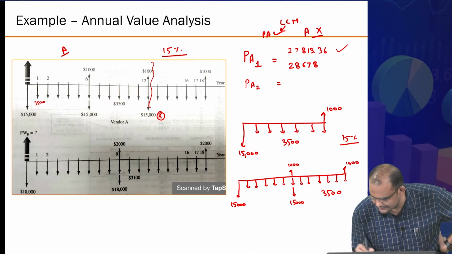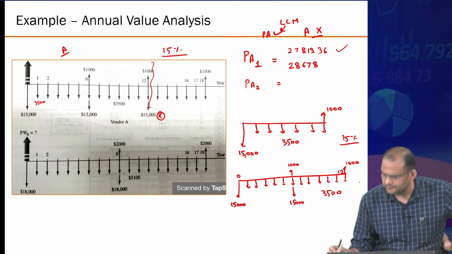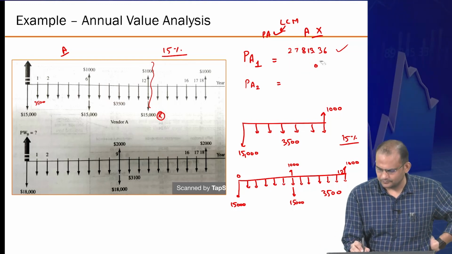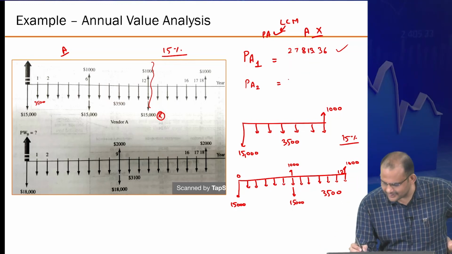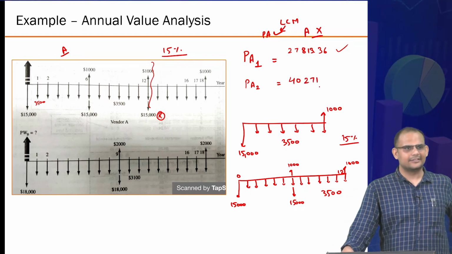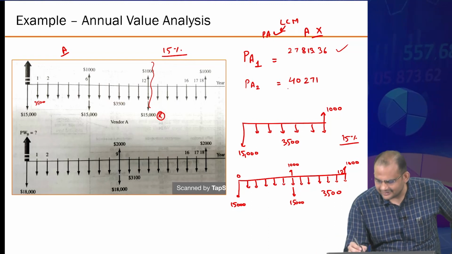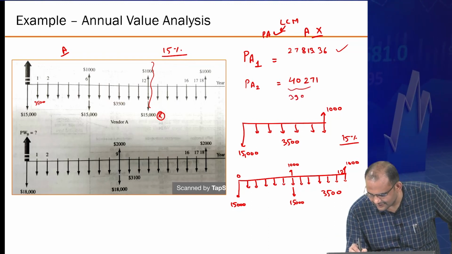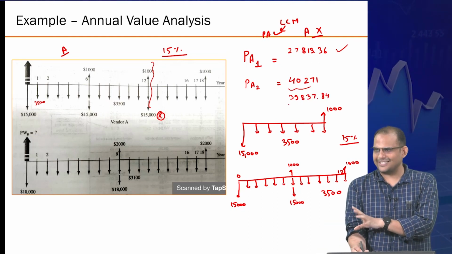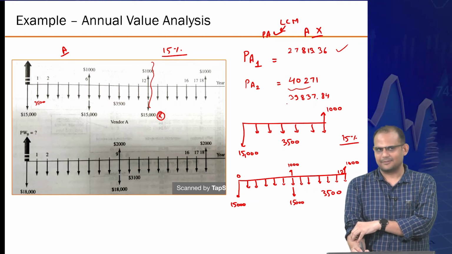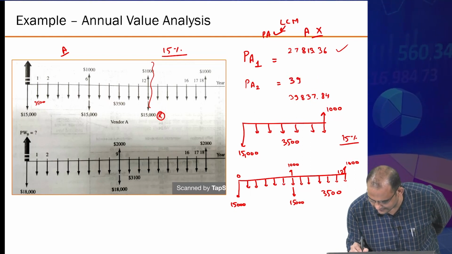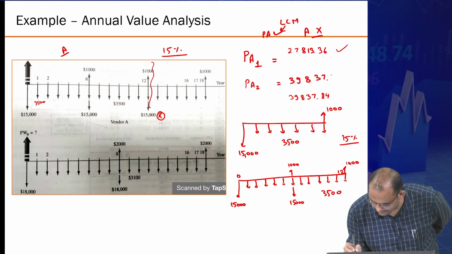This is 0 to 12. 40,270. Is it correct? 39,837.84. Now is it correct? Perfect? Alright. So this becomes our answer, 39,837.84.